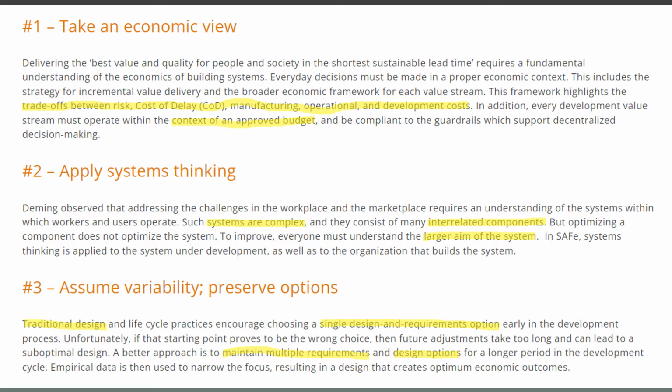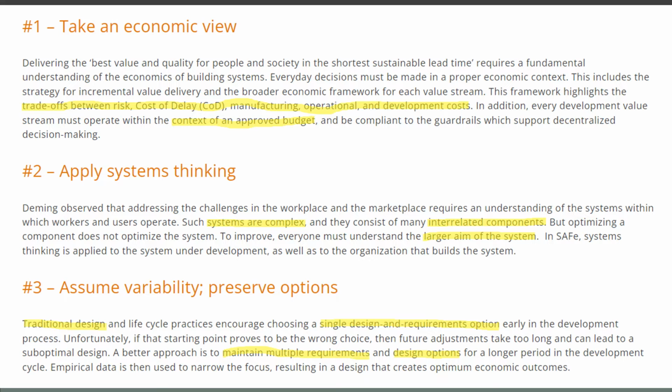It's very, very important. Not only the strategic layer, every layer should understand. That is the reason we give more importance to product vision and product roadmap, getting the big picture around it, and understanding the business architecture and systemic things. So in SAFE, systems thinking is applied to the system under development as well as the organization that builds the system.